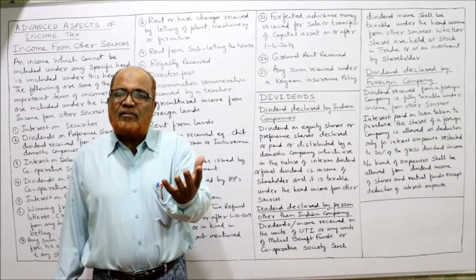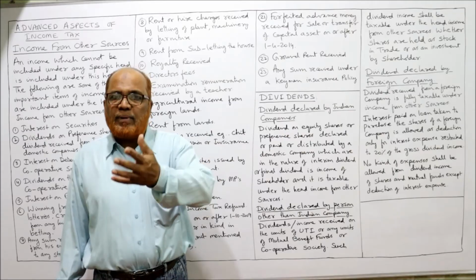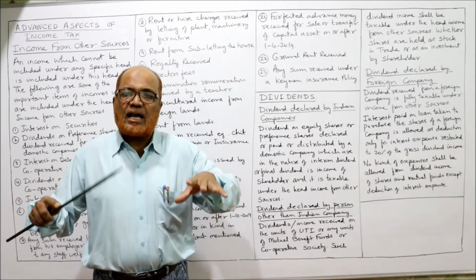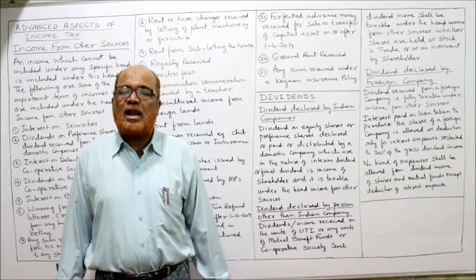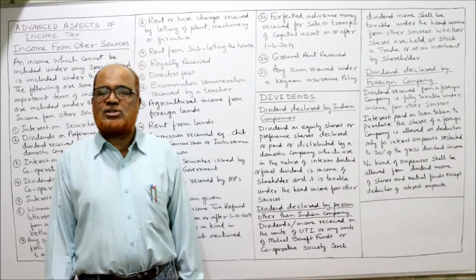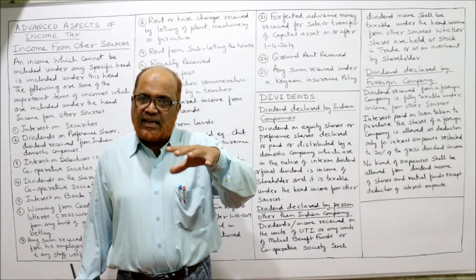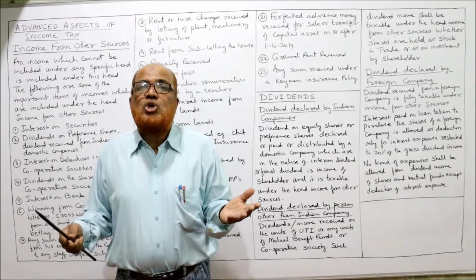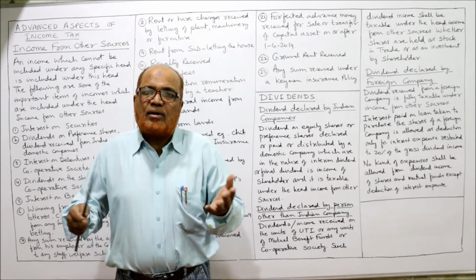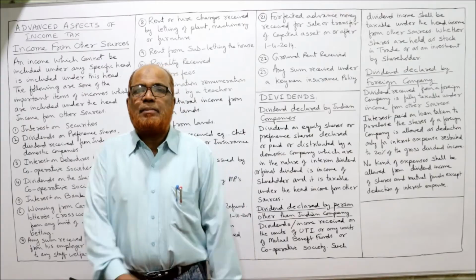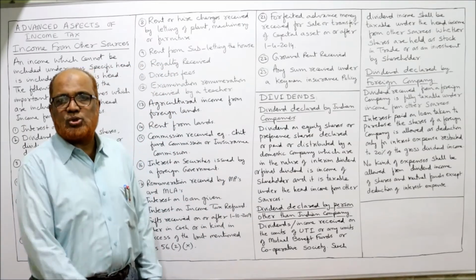These are dividends declared not by companies but by Unit Trust of India or mutual funds. The Income Tax Act says again it is taxable under the head income from other sources, whether the person has invested as an investor or it is his stock in trade, whatever be the method of making the investment.